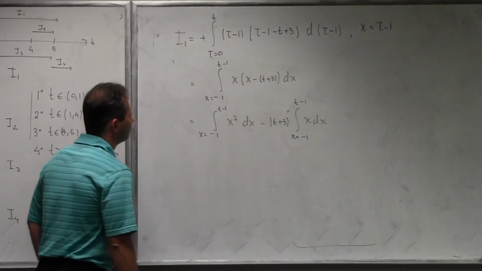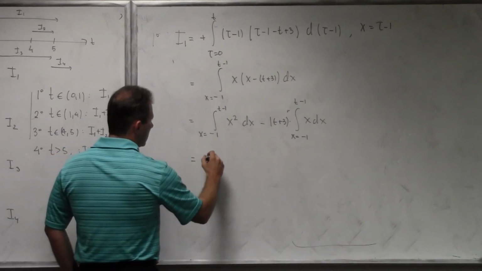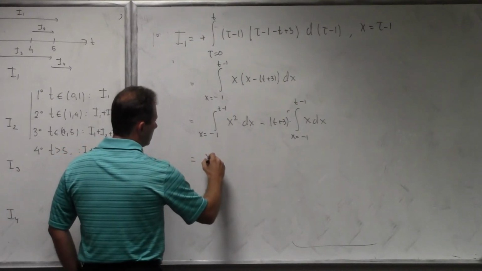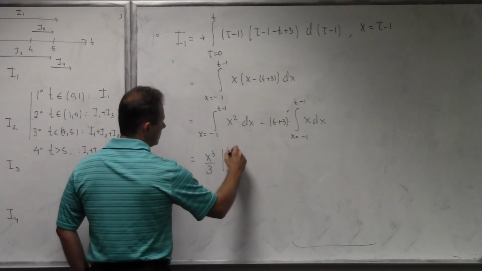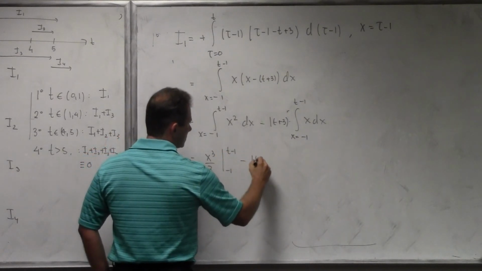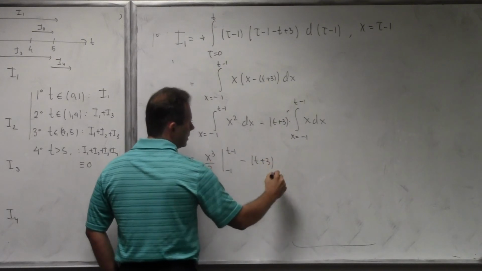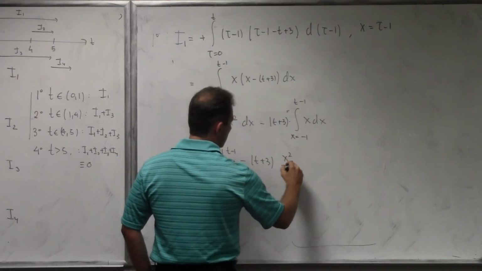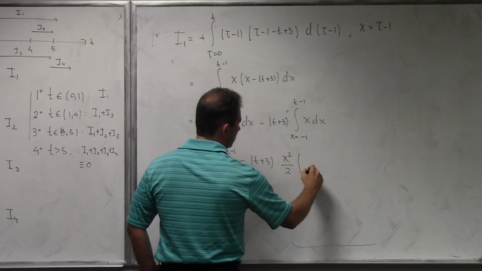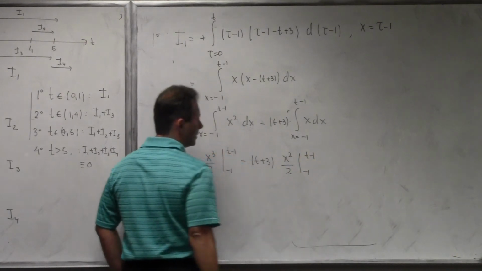Right? So this ends up being x to the power of 3 over 3, evaluated from minus 1 to t minus 1, minus t plus 3 times x squared over 2, evaluated from minus 1 to t minus 1.